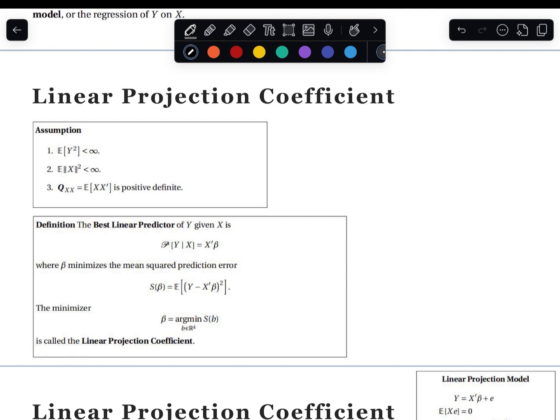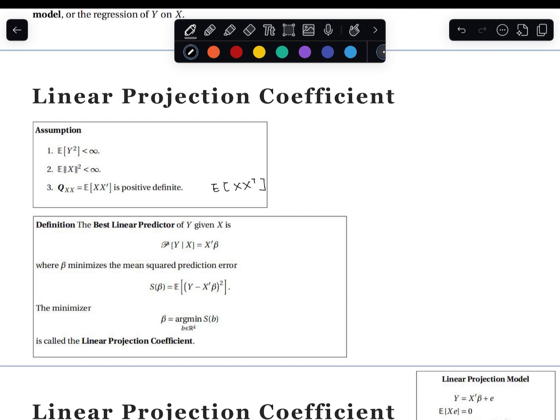And it's based on 3 assumptions. The first one is the expectation of y squared is finite, and the expectation of x norm squared is also finite. And then the expectation of x x transpose is positive definite.